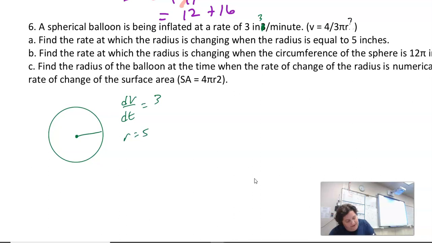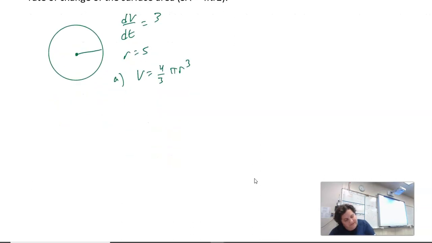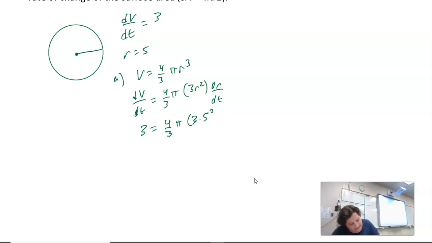So let's go ahead for part A. Let's take my volume equation. And let's take the derivative of it. So dV/dt is 4/3 pi. Now the derivative here is 3r squared dr/dt. I have dV/dt. R is 5. And I need dr/dt.